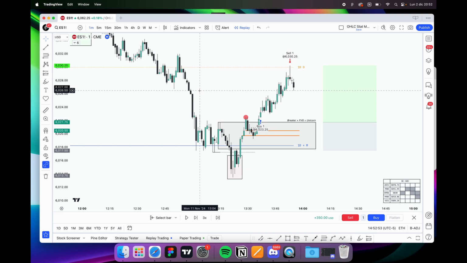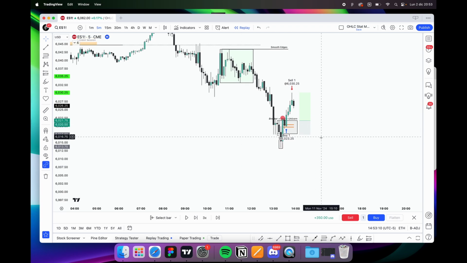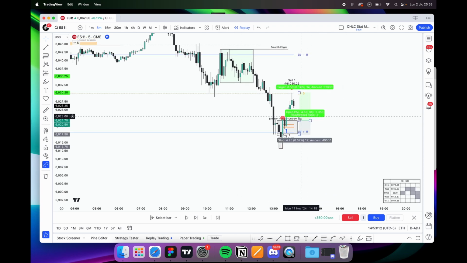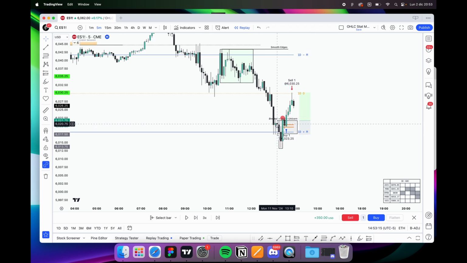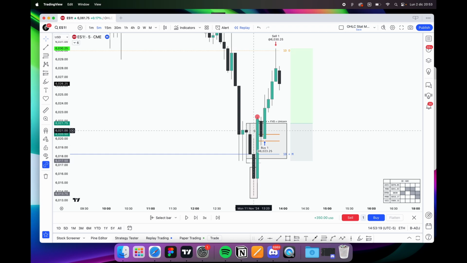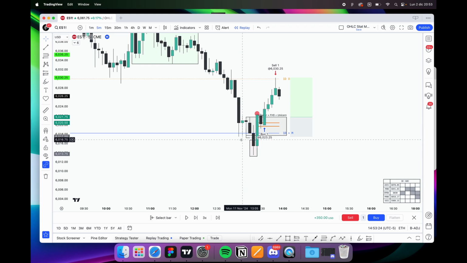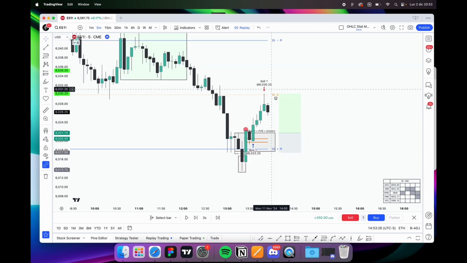The other one was on the M5 time frame, and as you can see the trades look almost the same, just different time frames. But if you don't want to play the M1, you could just wait for the M5. In that case, we could use that green candle right here as a breaker, even though it's actually not on the M5, and it would be the same exact trade.